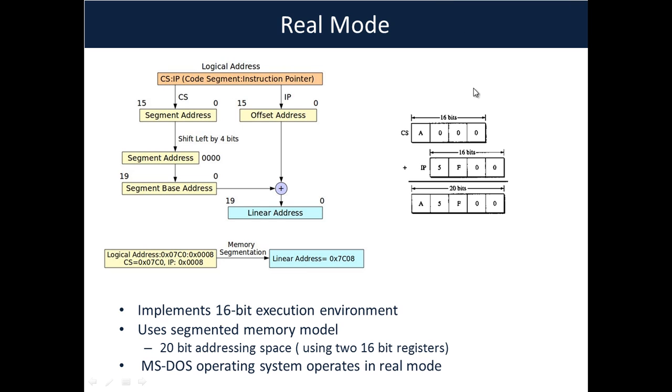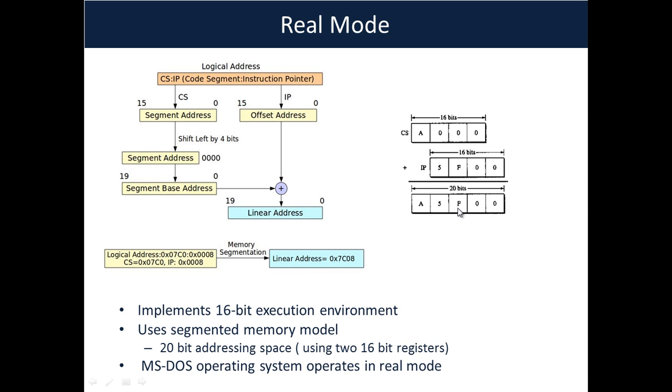Now let's take up another example to make this more clear. Let's say the CS has 16 bits having the value A000. Now we add an additional 4-bit 0 here, and let's say the contents of IP were 5F00. Let's just do a simple linear addition. We have an additional 0 for the 4 bits. It gets added, comes out as 0. This column gives us another 0.